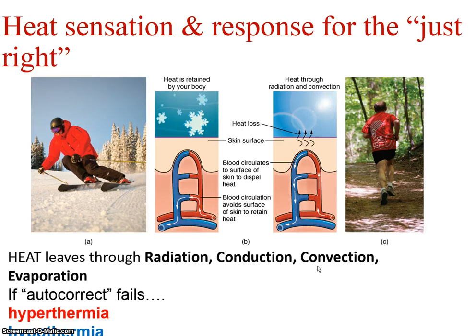And evaporation is when we transfer the heat to water, and water changes its state of matter, from liquid to gas, sweat, to the air around us. All right, so we are trying, and I say here, if you can't do this correction we're going to look at, you will have hyperthermia, so high temperature, or hypothermia.